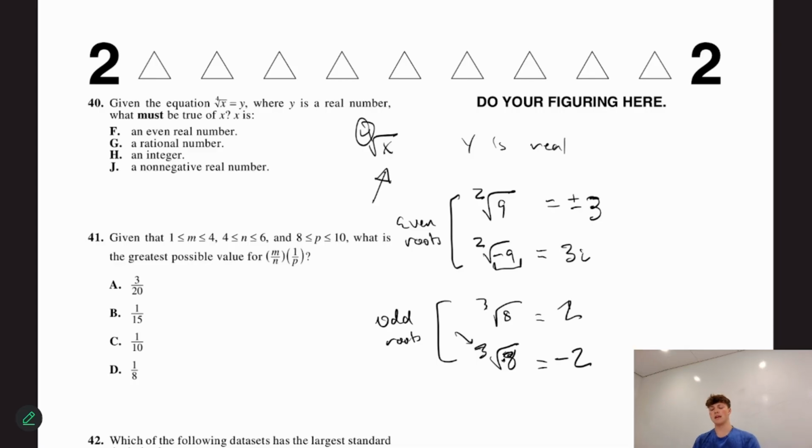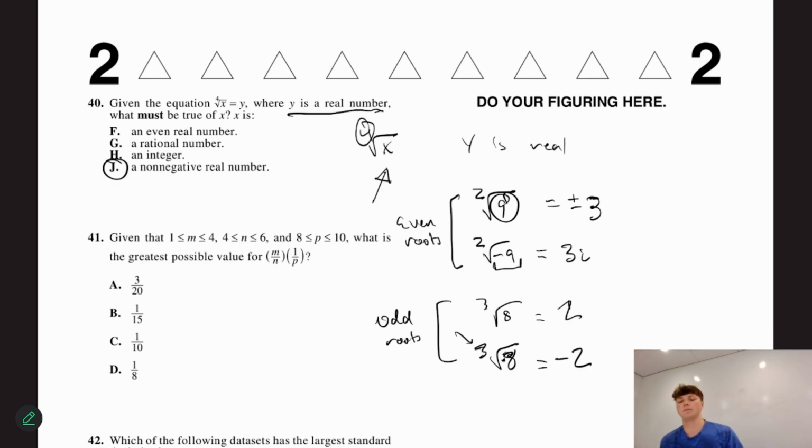For every even root, if you want to get a real outcome, you better be putting a positive number, or at least a non-negative number, inside of the root. Since y is a real number, x better be non-negative. That means x has to be a non-negative real number.